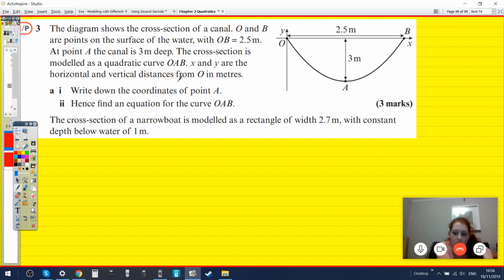So for this, are we creating a quadratic equation? I think we have to, yeah.